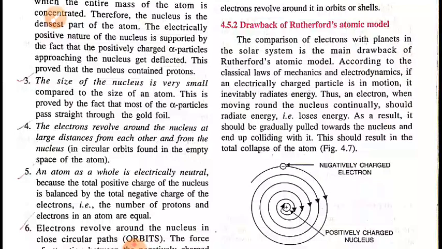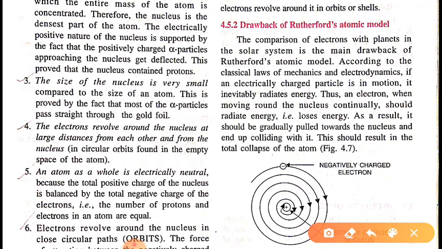According to the classical law of mechanics, any electrically charged particle in motion will radiate energy. Thus an electron revolving around the nucleus continuously will also radiate energy, meaning it will lose its energy. As a result, what will happen? A time will come when this electron will go and collide with the nucleus, right?